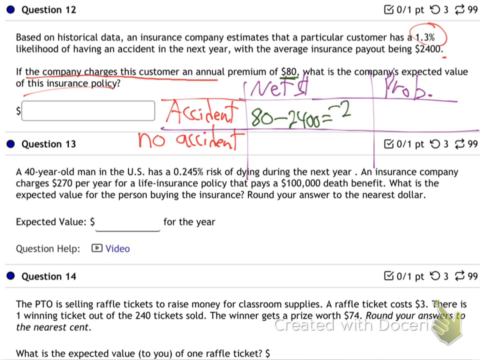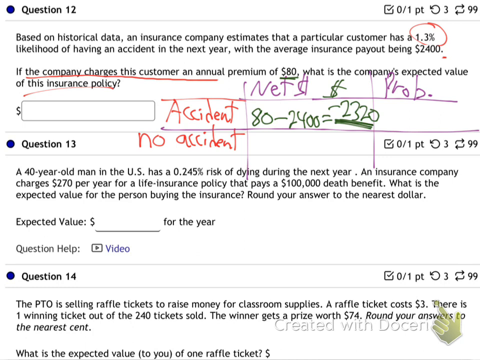So that's negative $2,320 is going to be the net result to their bank account if we have an accident during the year. They took $80 from us, but they paid out $2,400, so they lost $2,320. It's the net effect on their bank account, right?